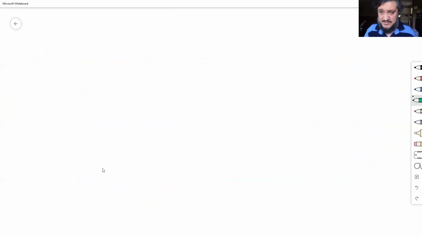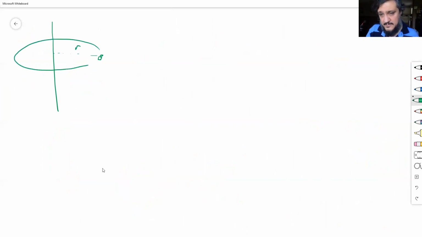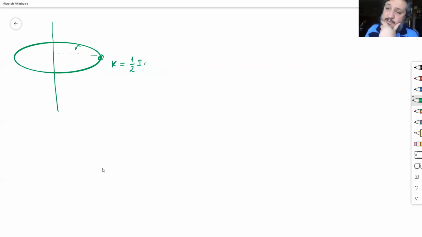The simplest you can imagine is, of course, just this point here, cube, and the rotation axis is there. It's r away. So this object is in a circular path. Yes, the kinetic energy, if you write it as 1/2 I omega squared, if the mass is m here, I has to be simply mass times r squared.